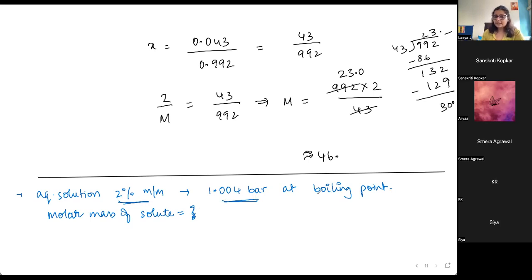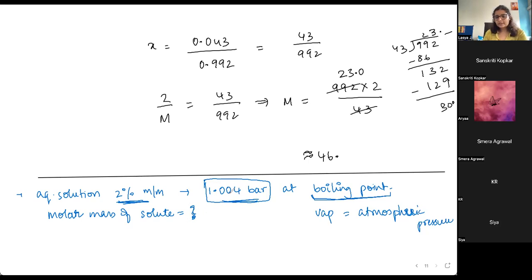Because they said boiling point, ideally at this temperature the vapor pressure should be equal to atmospheric pressure. And you already know that atmospheric pressure is not 1.004 bar, which means that vapor pressure has changed because of the addition of this particular solute.